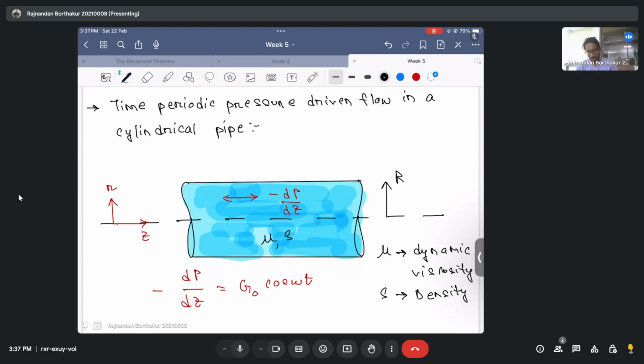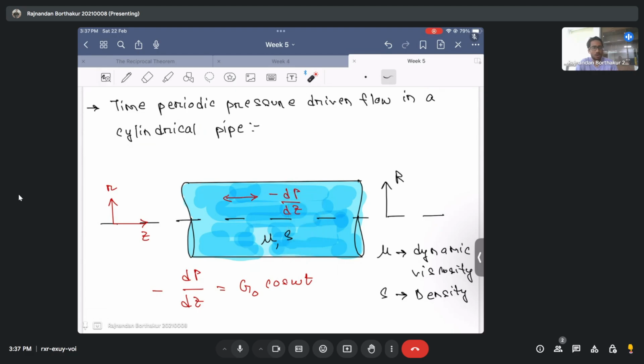Okay, so I hope you understood what we discussed until now. So the next problem is something like this. We looked into axisymmetric problems where there is a fluid flowing through a pipe and you apply a constant pressure gradient, let's say some G naught. And then we saw that the velocity profile is essentially parabolic, at least in the hydrodynamically fully developed region.